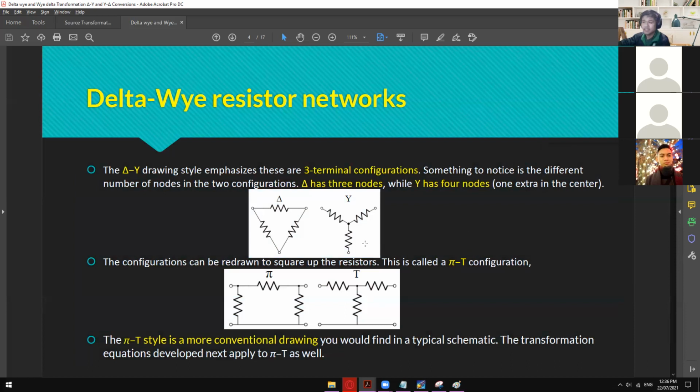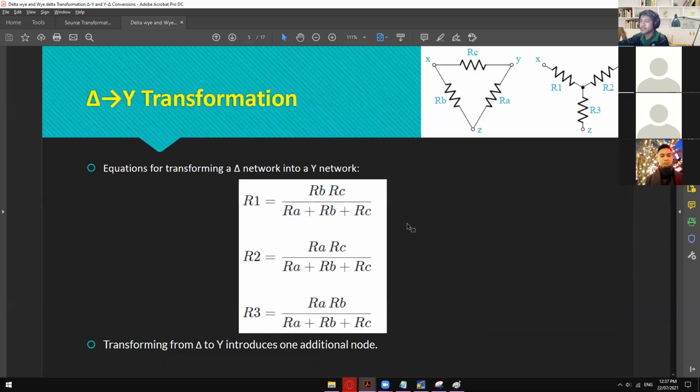One step na lang and then you'll be able to convert that one into Y configuration. So initially, they will always give us this pi or t configuration. And then your goal is to transform that one into a delta configuration. Well, anyway, let's move on to the next one.